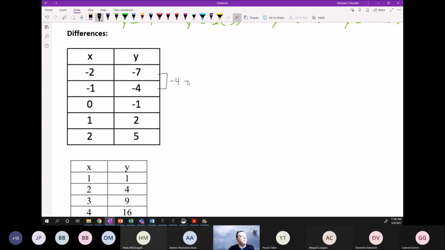So -4 minus -7 would equal 3. Does that make sense? -1 minus -4 equals 3. 2 minus -1 equals 3. 5 minus 2 equals 3. So that's how you find differences.